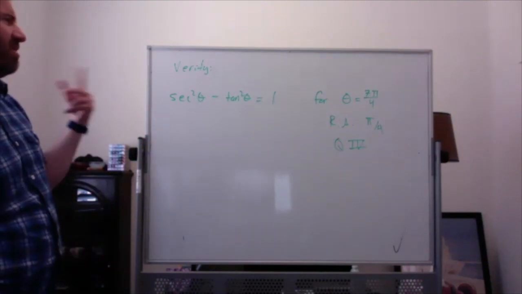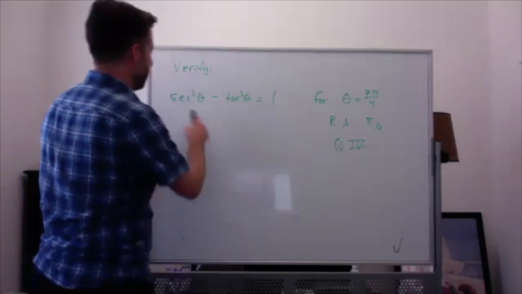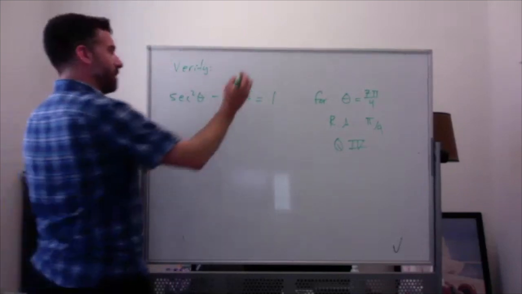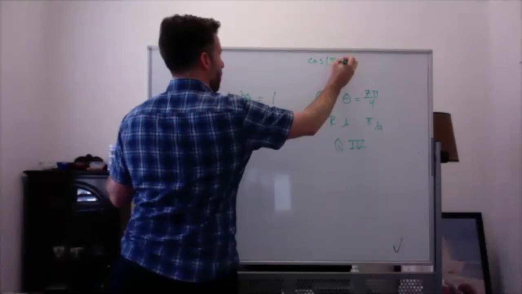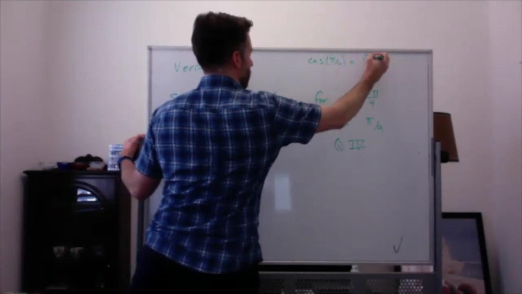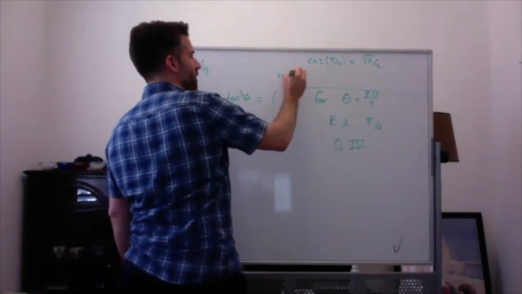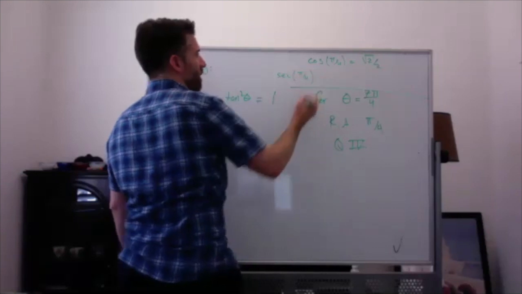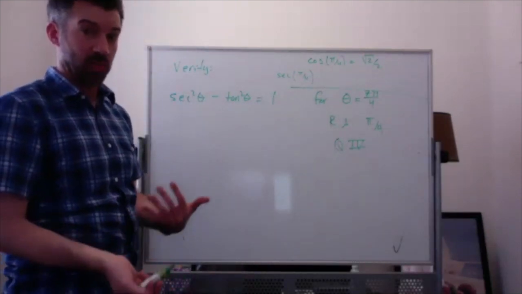All right, so secant, who picked secant? I don't remember secant ever really. I know that cosine of pi over 4 is the square root of 2 over 2. So I know that secant of pi over 4 eventually ends up being just the square root of 2.